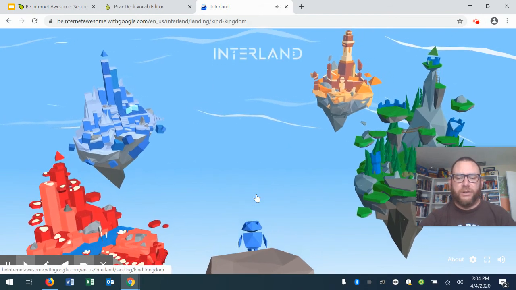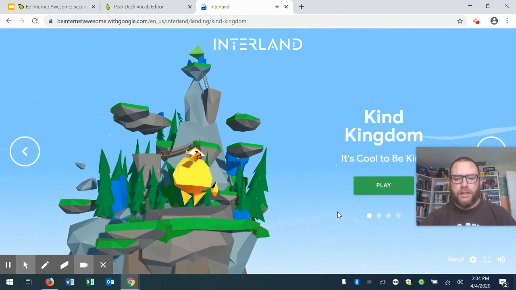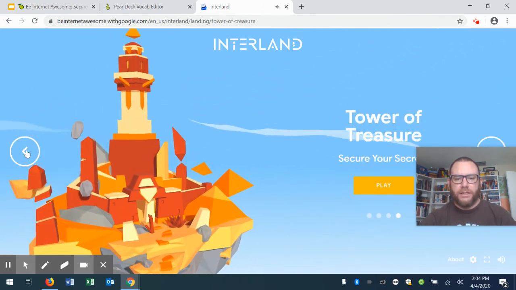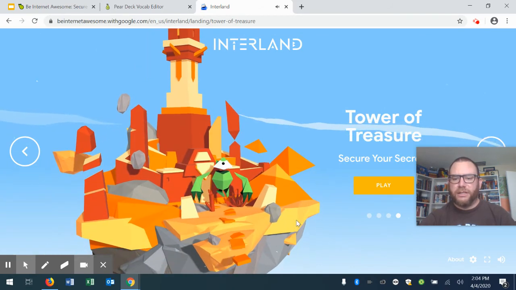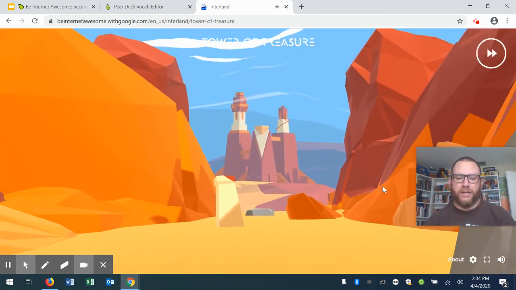So I'm going to move to the right one. This is it, Secure Your Secrets. Click play. Tower of Treasure. So we're playing for lesson 3, Secure Your Secrets.